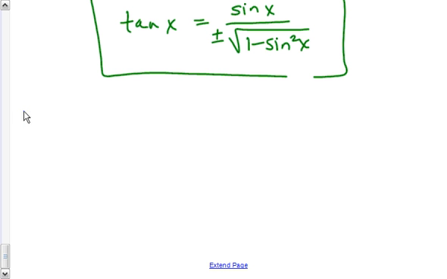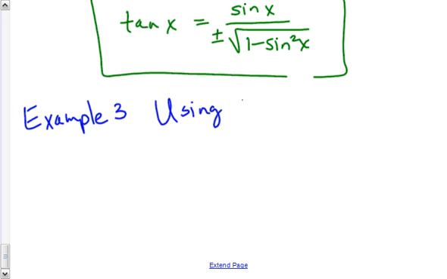Alright, example 3, and this is the last one we're going to do in class today. You can use identities to find function values.